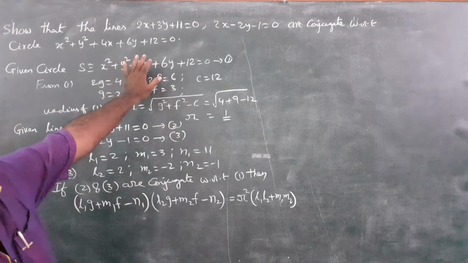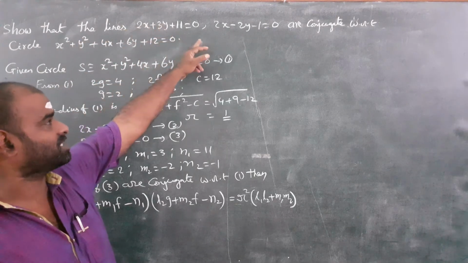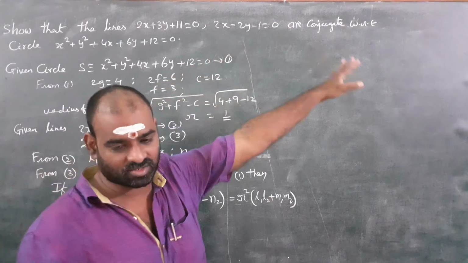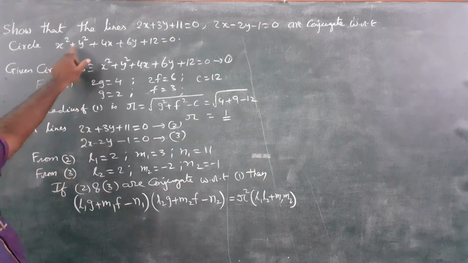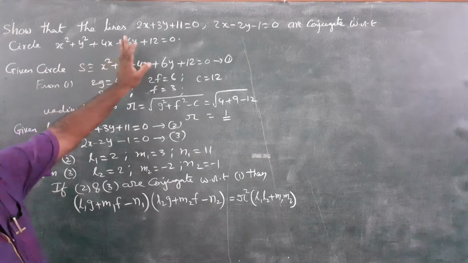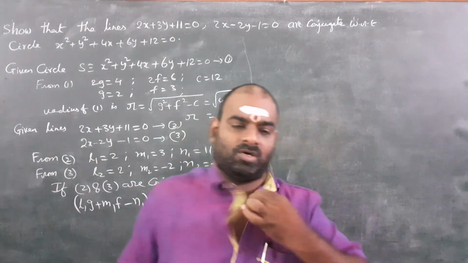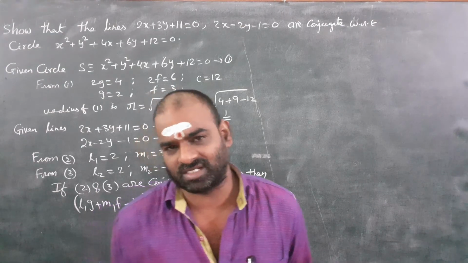Show that the lines 2x + 3y + 11 = 0 and 2x - 3y - 1 = 0 are conjugate with respect to the circle x² + y² + 4x + 6y + 12 = 0. So we have to show that those two lines are conjugate with respect to that given circle.